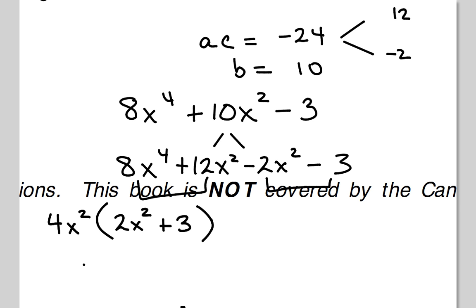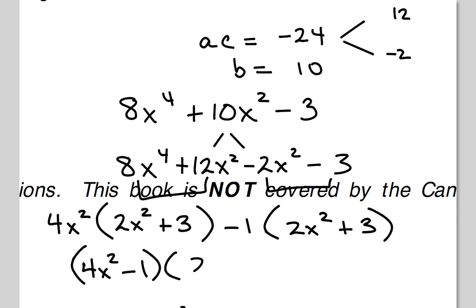So I'm like, okay, what do I need to do here? Take out that negative. And I got the same thing, just the signs will switch. Now I'm at the point where I can factor out the binomial 2x squared plus 3, and the 4x squared minus 1 is left over.